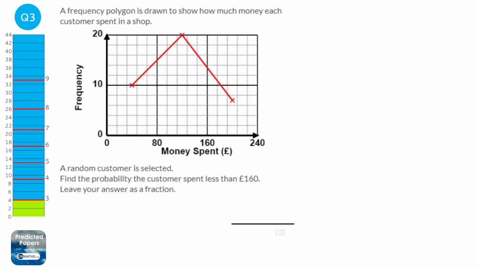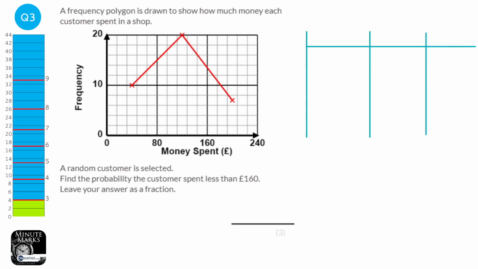So for this frequency polygon, what we've got to do is work backwards to work out what the table was that created it. So we're going to just draw a starting of a table. And we're going to have our midpoint first, then our money spent, our intervals, and then our frequency.